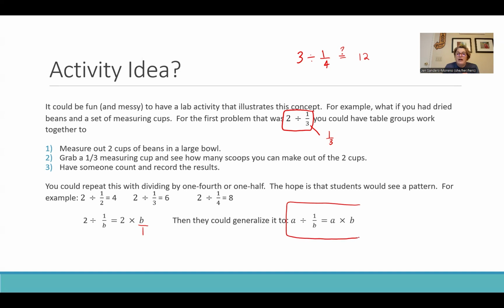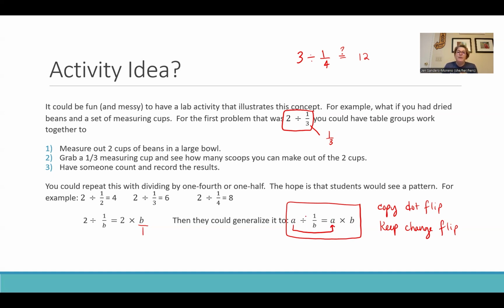How we generalize it, and some of you might remember this: I've heard students say "copy dot flip" was one that I had a student say. I had "keep change flip" as another one I heard. Okay, so what it's referring to is that the first number stays the same.